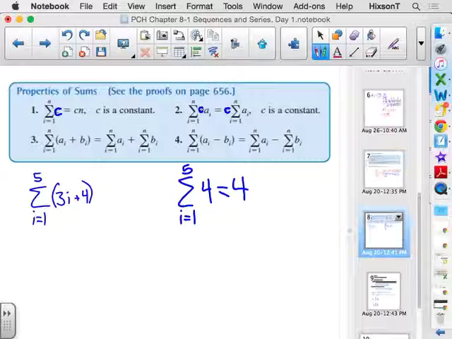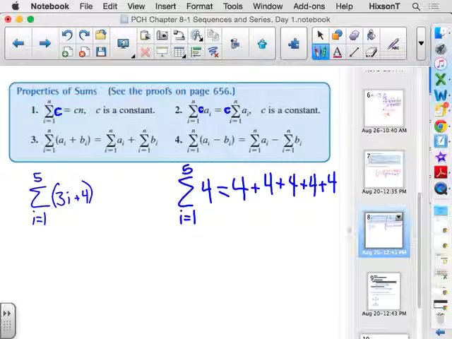When i equals 2, it's still 4. When i equals 3, 4. When i equals 4, 4. And when i equals 5, 4. The point is that the i doesn't impact the value that we're adding.